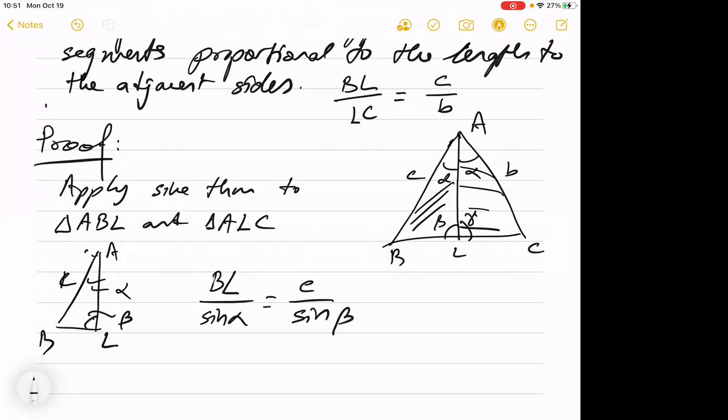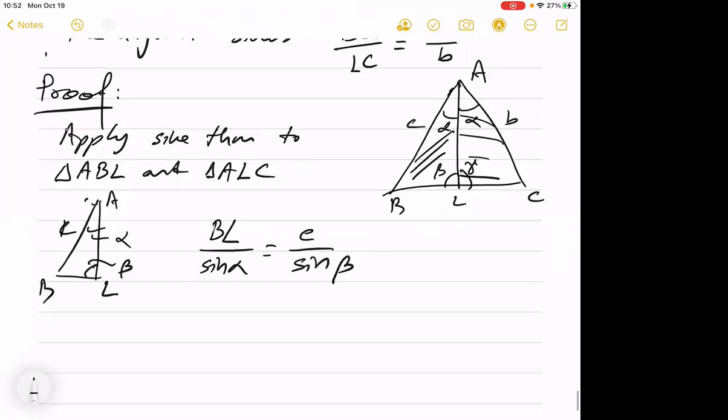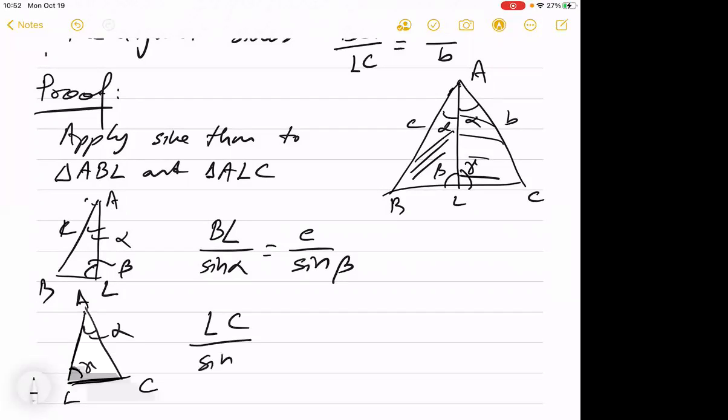And if you look at the other triangle, let me sketch this like this, ALC, this angle is gamma. And from this triangle, we have LC, this length, over sine alpha is equal to b over sine gamma.